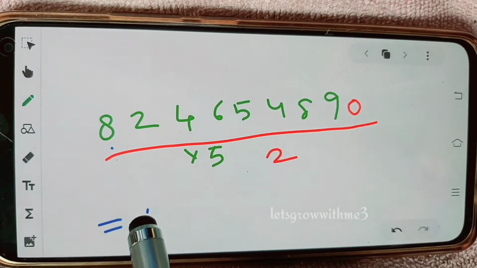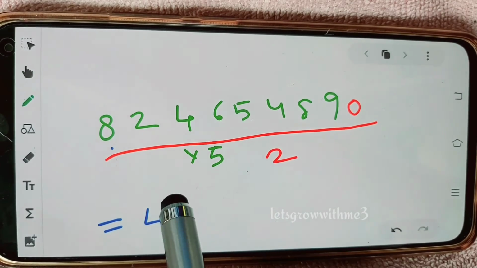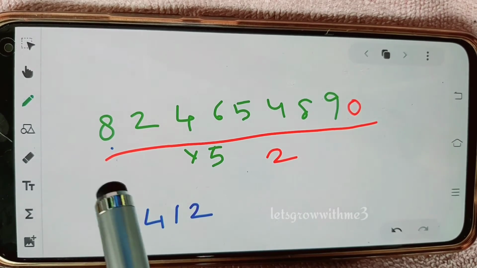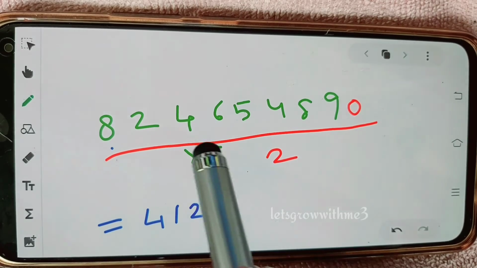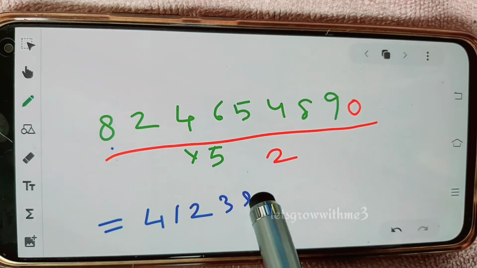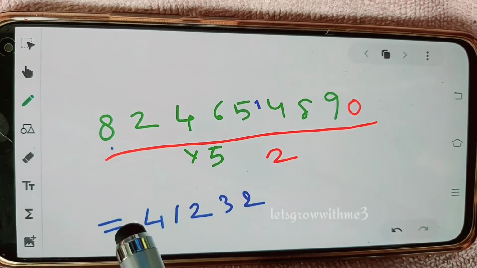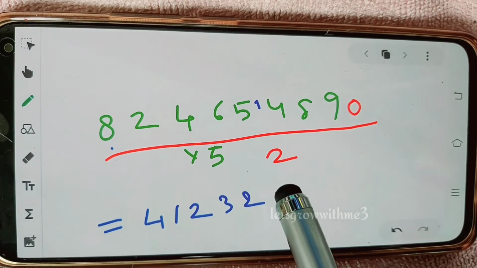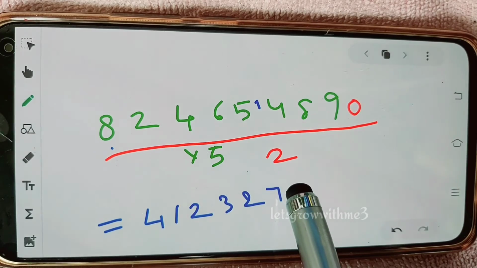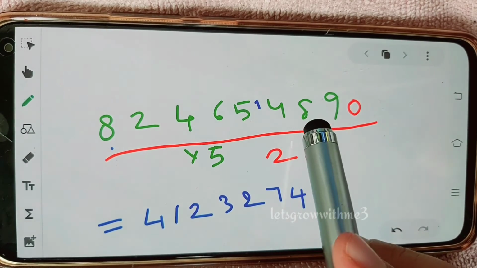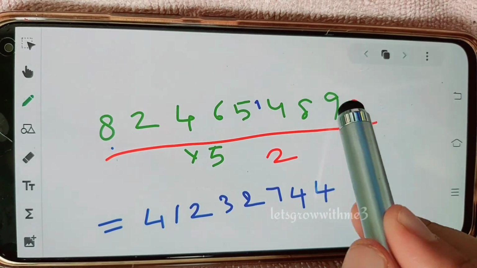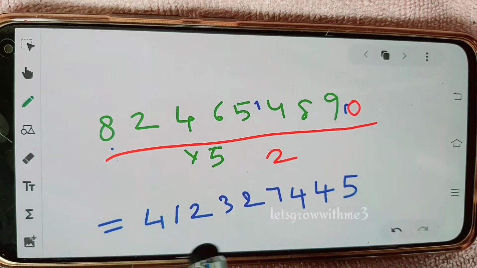So 4 2s are 8, 2 1s are 2, 2 2s are 4, then 2 3s are 6, 2 3s, then again 2 2s are 4, 2 2s are 4, so we need to take 1 here, and then 7 2s are 14, so 7, then 4 2s are 8, 4, then 4 2s are 8, again 4, and then 1 remainder 10, which is 2 5s are 10.